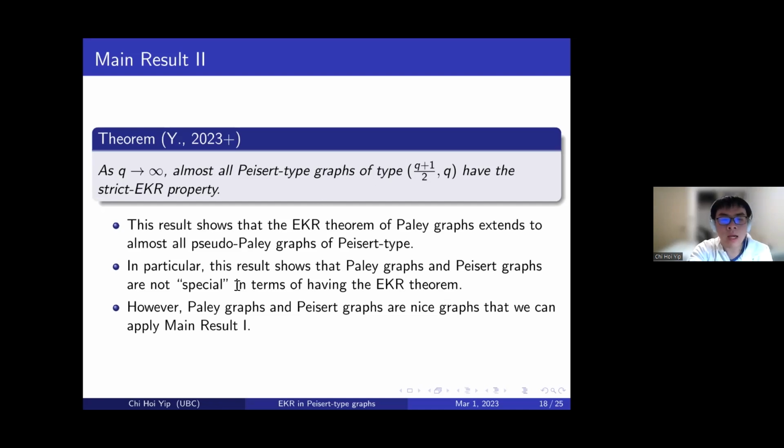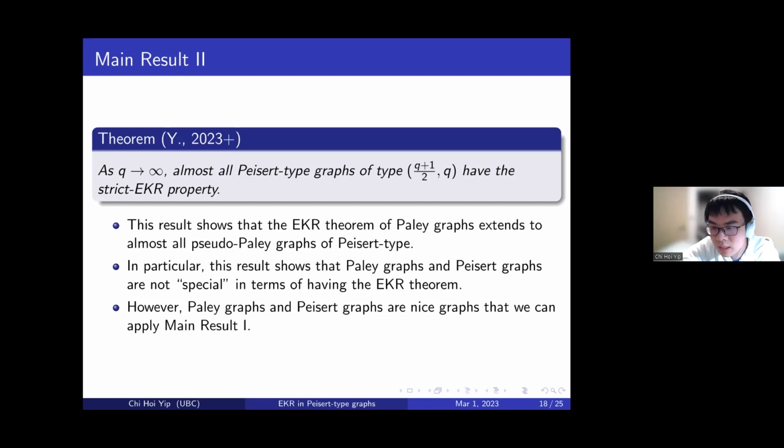But still, they are nice graphs because we can only apply our first main result to these graphs. Although this result says that almost all Peisert type graphs have the strict EKR property, it does not predict which Peisert type graphs have the strict EKR property. So somehow they still have certain limitations.